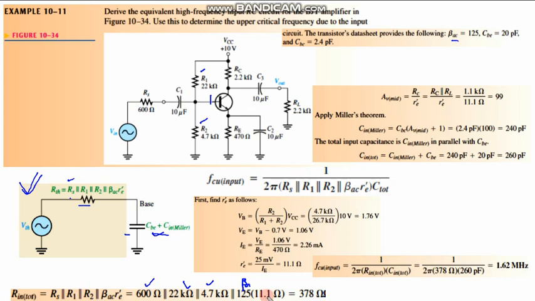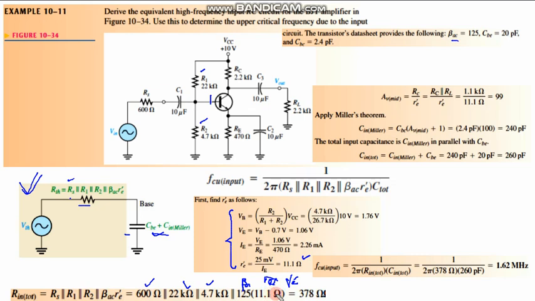Unfortunately we don't know RE prime, so for that we have to apply our previous knowledge, the procedure where you calculate your RE prime. So your RE prime comes out to be 11.1 ohms.